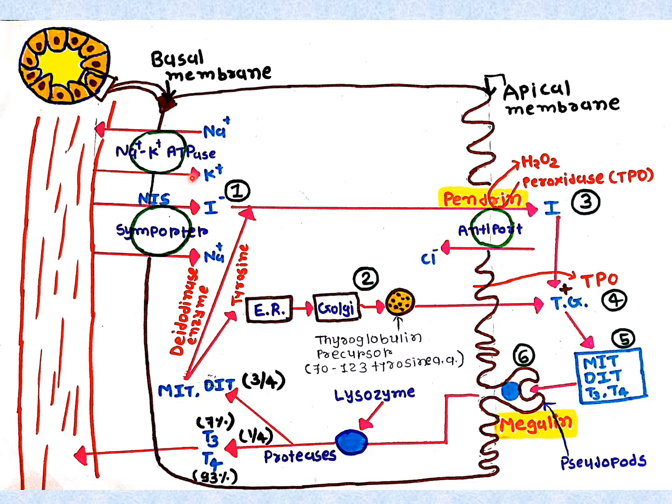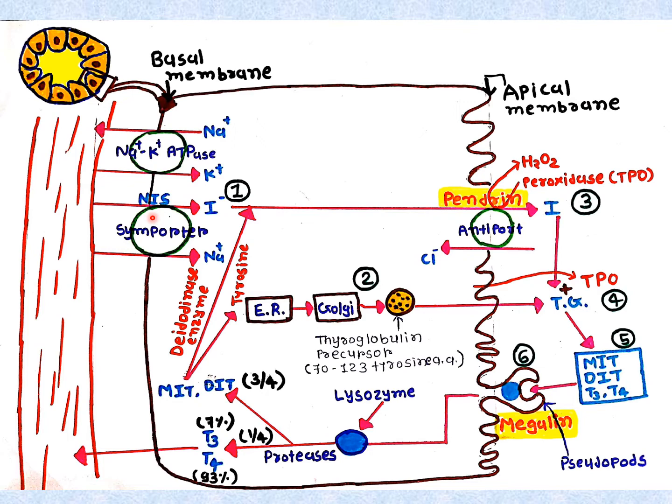So a low sodium level is maintained inside the follicular cell, which favors the entry of sodium by the sodium iodide symporter, and it also provides energy to the NIS.